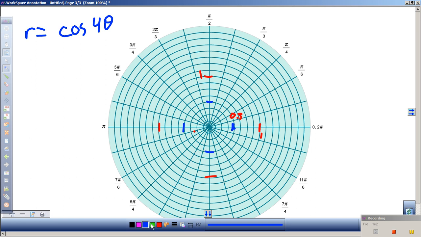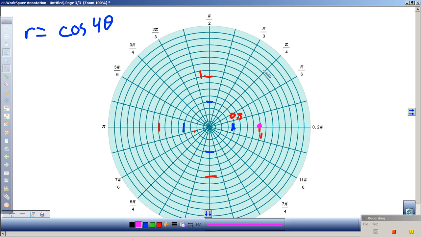Okay, so what's a nice number we can plug in? How about 0? What is 4 times 0? 0. Cosine of 0 is 1. So out in the 0 direction, we know it's at 1. Now, what's another number we might plug in? Okay, pi over 4. What's 4 times pi over 4? Pi. Cosine of pi is?